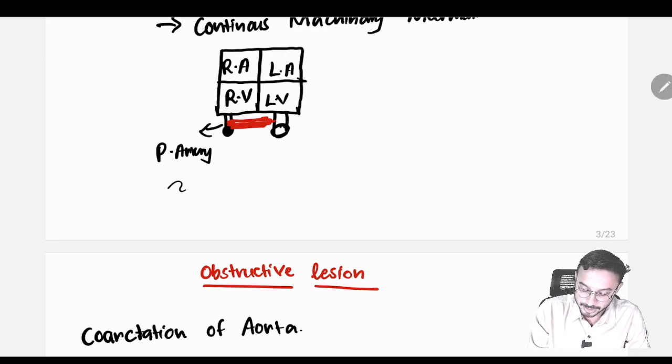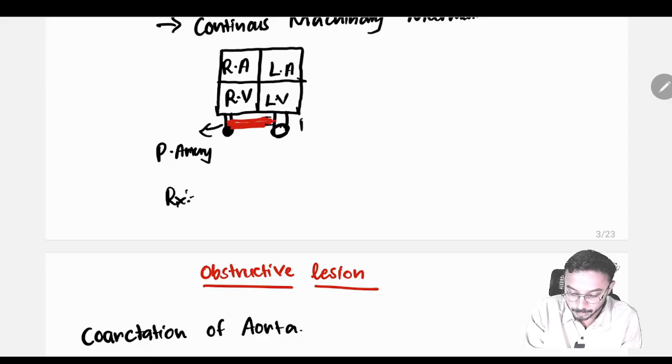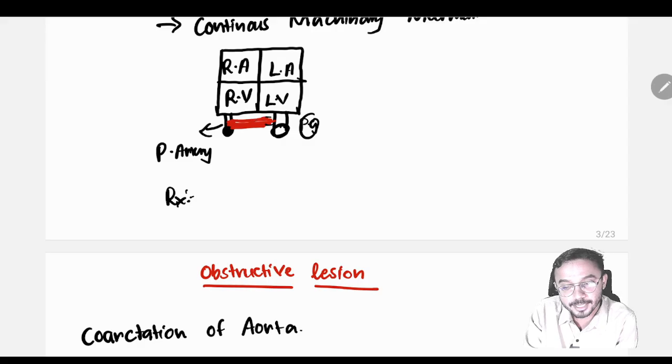So how do you treat? We all know that prostaglandins are responsible for keeping the duct open. Here a ductus arteriosus is present, so if I give prostaglandins, it will open. In this condition, the blood is going from the aorta to the pulmonary artery, so I want to close this.